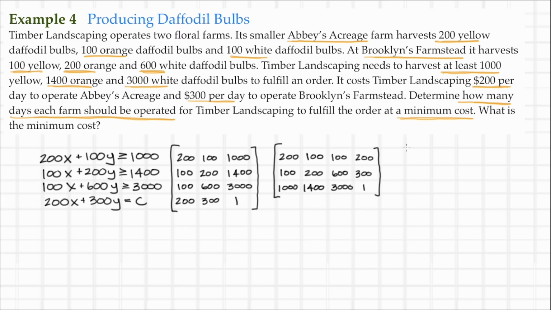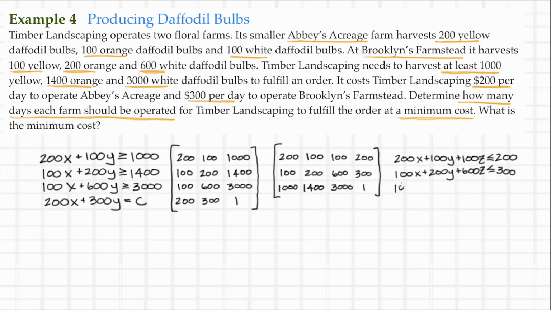So we'll do 200x plus 100y plus 100z, and this is going to be less than or equal to 200. Then we have 100x plus 200y plus 600z, less than or equal to 300.